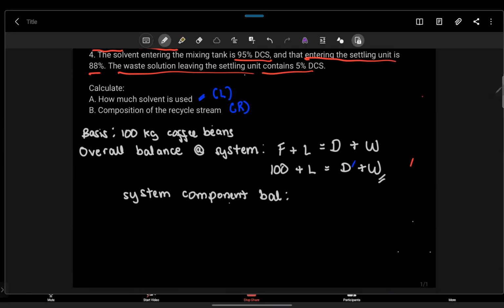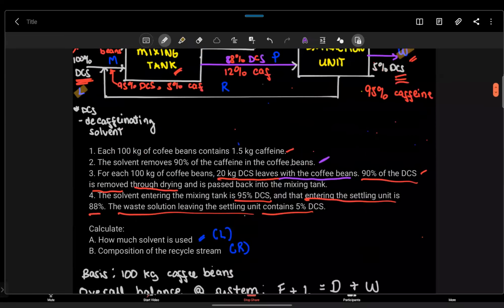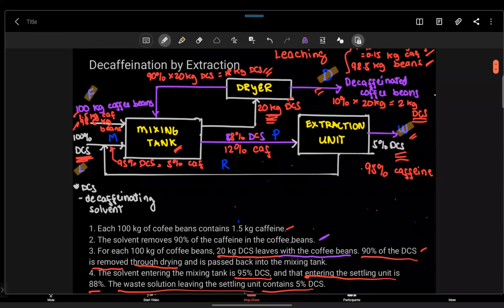So let's check with the coffee bean balance. Ibig sabihin ng coffee bean yung wala ng caffeine. Okay? So can we do that yung coffee bean balance natin? Okay. Meron tayong coffee bean, of course, dito sa F, which is 98.5, right?